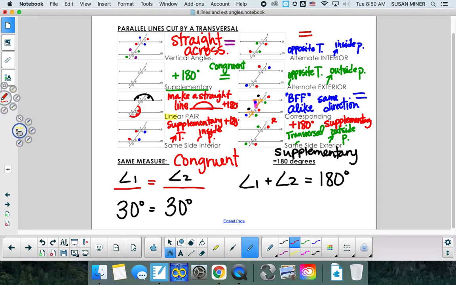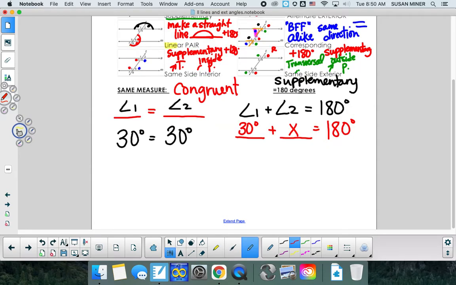If my first angle were 30 degrees, then my second angle, whatever it is, the question mark, or X, we can use a variable, has to make it equal 180 degrees. So 30 degrees plus X equals 180. How do I figure out what X is? I would subtract 30 degrees, in order to figure out that X is equal to 150 degrees.